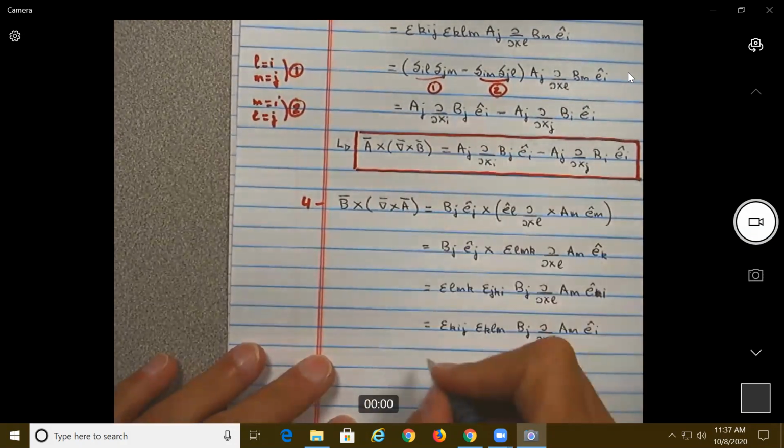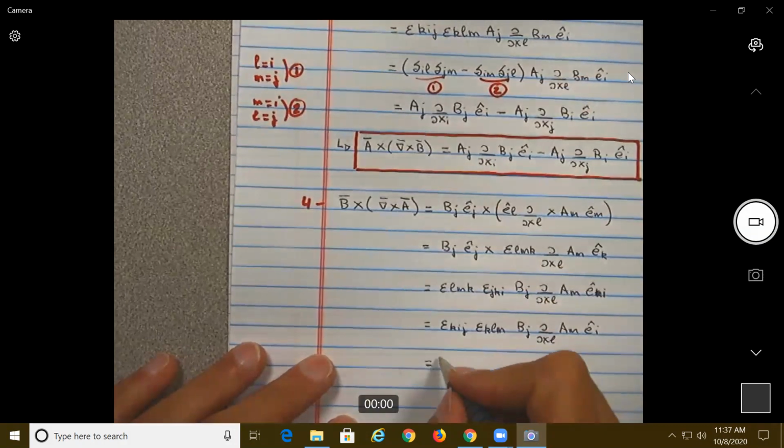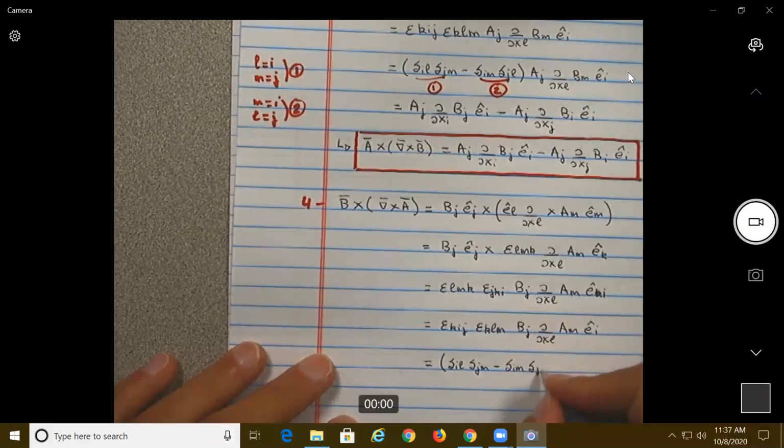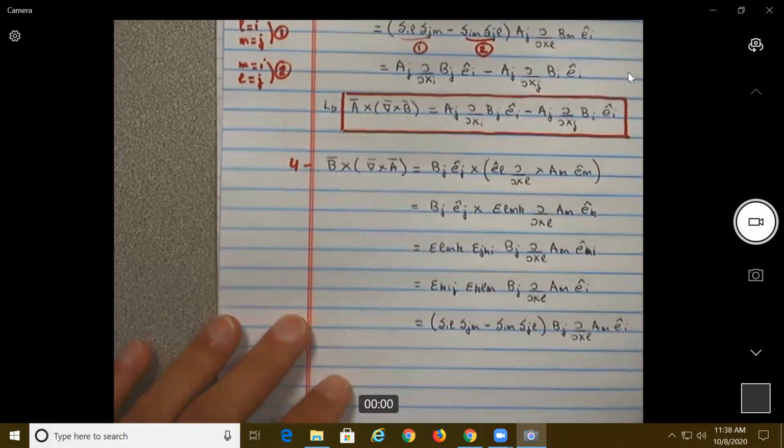So we can copy almost what's on top. So it would be delta IL delta JM minus delta IM delta JL of BJ partial of XL AM EI.